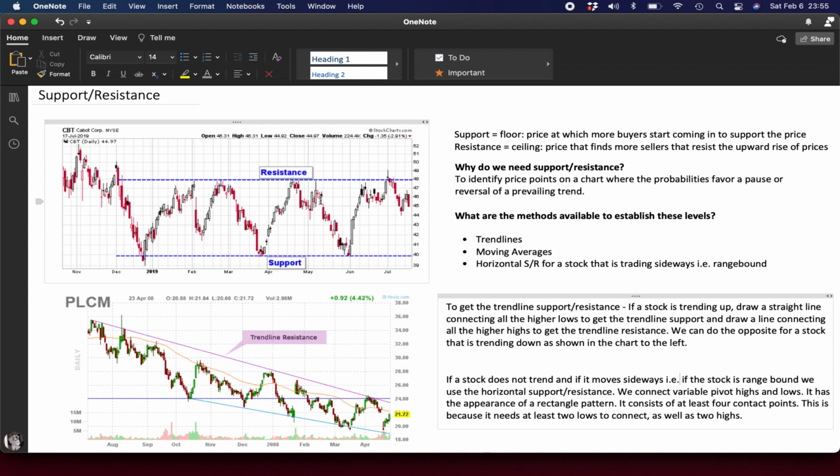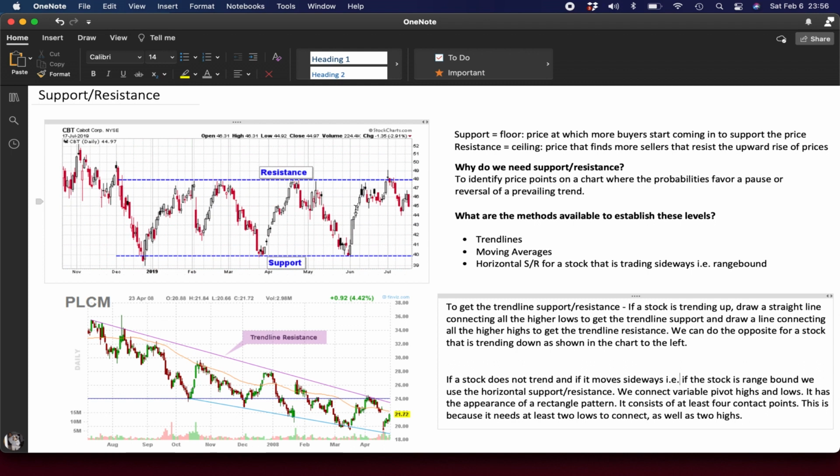Again, it consists of at least 4 connect points, because it needs at least 2 lows to connect as well as 2 highs. In this case, you can see that the stock is clearly range bound. It's trading sideways.